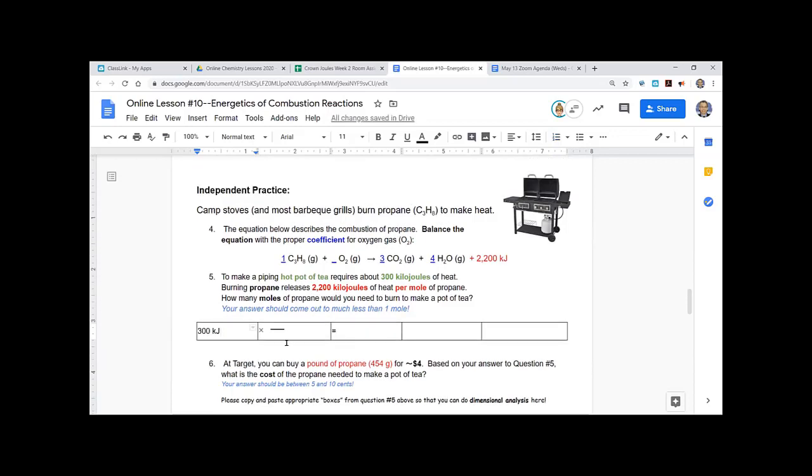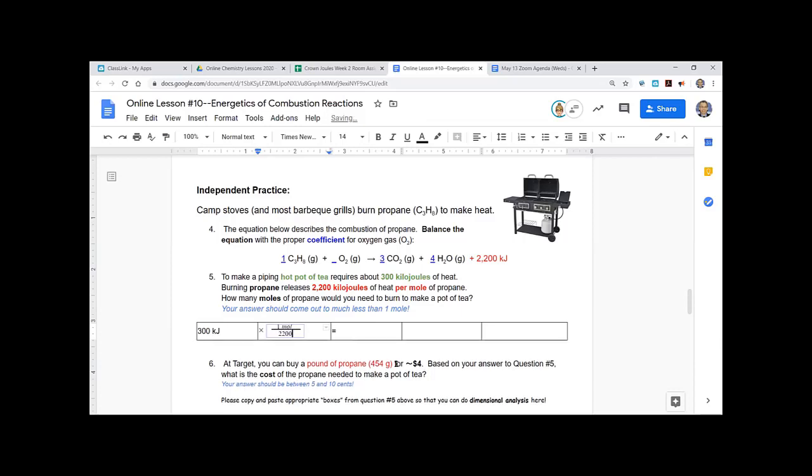And then let's see if you can figure out what we put on the top and what we put on the bottom of this conversion factor here. On the top, would you put the 1 mole, and then would you put the 2,200 kilojoules at the bottom?